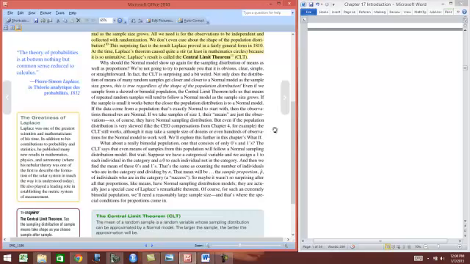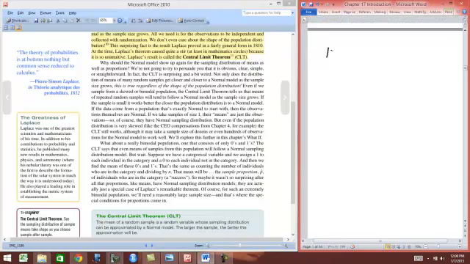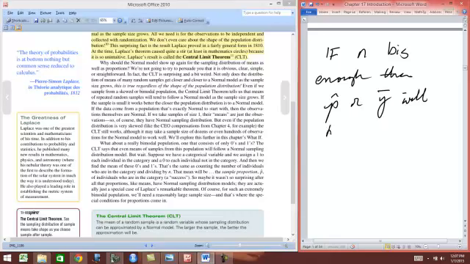Okay, the idea is, let's go further back in the paragraph here. The central limit theorem says that if n is big enough, then either p-hat or the name of the sample statistic, which is called y-bar for means, will have an approximately normal distribution.